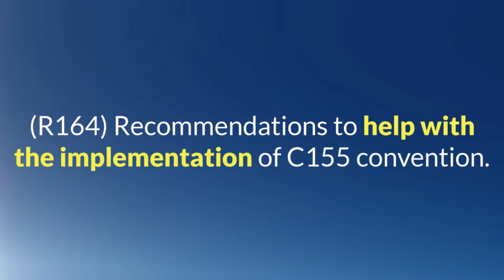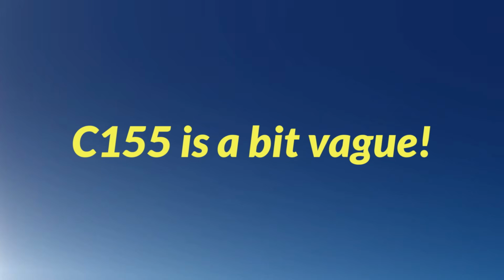You see, the C155 convention can be a bit vague in exactly how you should comply with the law. So it gives some very broad duties. We're going to take a look at those duties in a moment. It's a bit vague. The recommendation gives advice on what exactly you should do to comply with those broad duties.